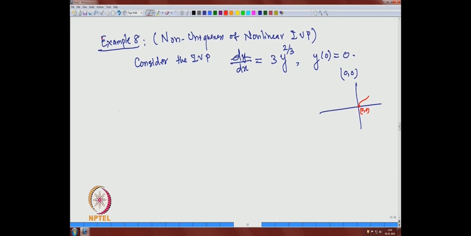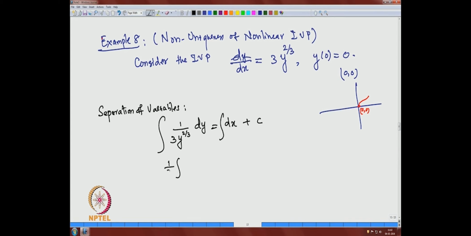And again by the method of separation of variables, this is dy over 3y^(2/3) equal to dx, and integrating and adding a constant c, which is integral of (1/3) y^(-2/3) dy, equal to integral dx, which is x plus c.